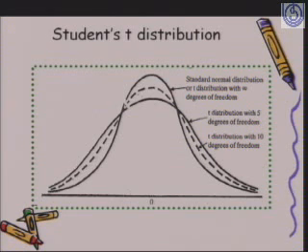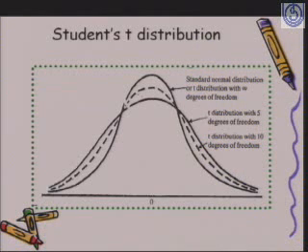So in the first curve, there is no difference between the t distribution and the z distribution. Then you see the dotted curve, which is the t distribution with 10 degrees of freedom. That means it becomes a little flatter when you go to 10 degrees of freedom, and it further flattens if we take a t distribution with 5 degrees of freedom. So the peakedness of the curve goes off if we keep on decreasing the degrees of freedom.